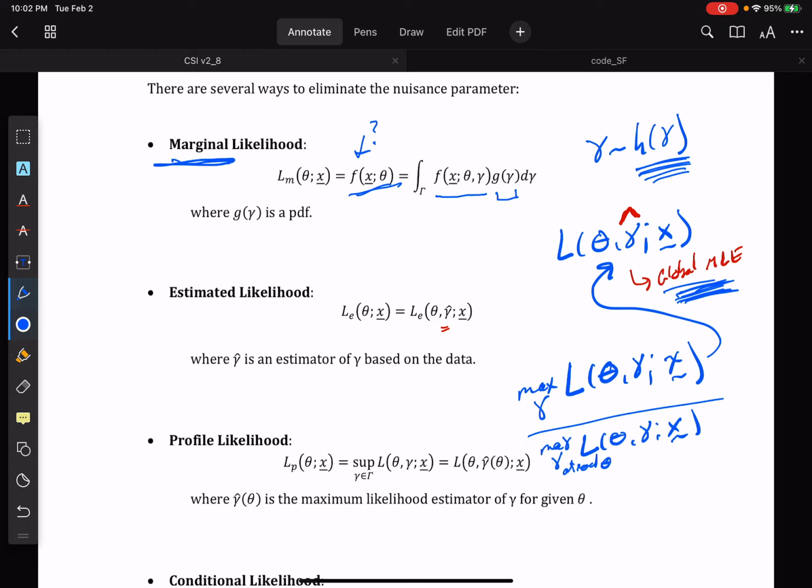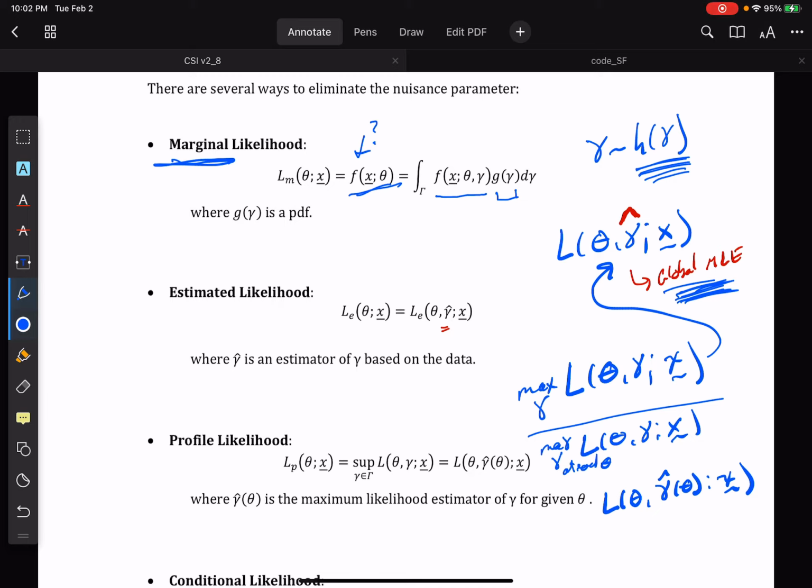And so the way we usually write this in the notation is we say L of theta, give me the maximum likelihood that depends on that gamma, and do this. That's basically the idea of the profile likelihood.